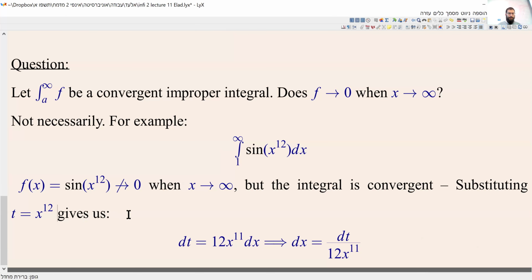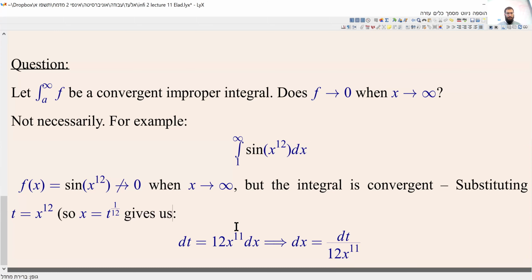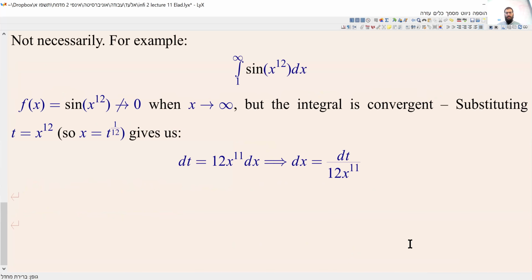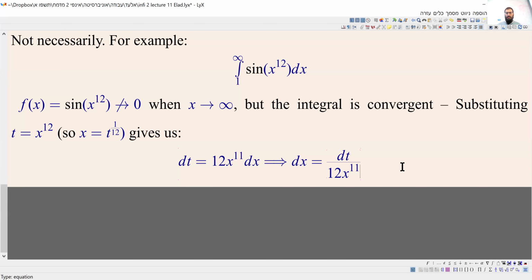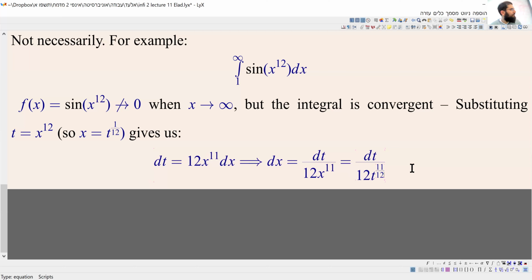But right now, if t is x to the power of 12, then x is t to the power of 1 over 12. So one can write, instead of x to the power of 11, t to the power of 11 over 12.